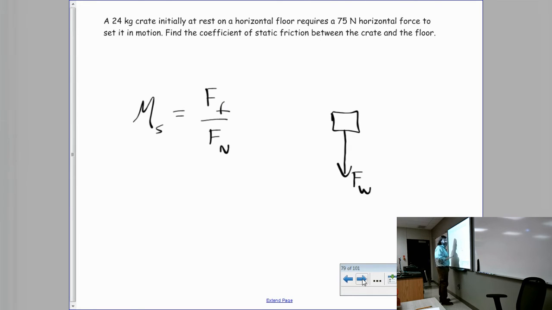We have the weight of the object, gravity pulling it down. We have the normal force pushing back up. They're equal and opposite. The weight down is the normal force back up. And again, we have the object being pushed. It doesn't say which way, so I'm going to just assume it's being pushed to the right. We have a force applied of 75 newtons.